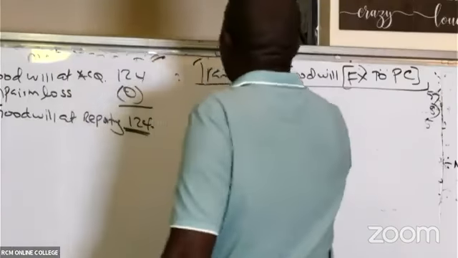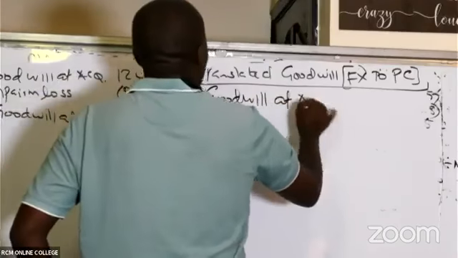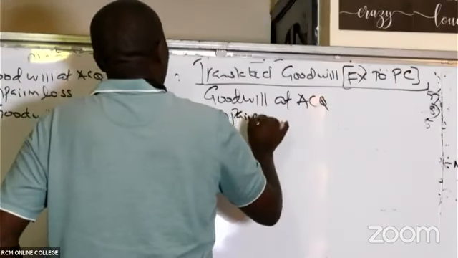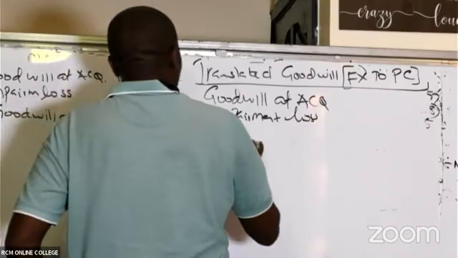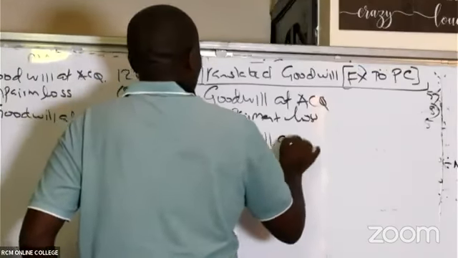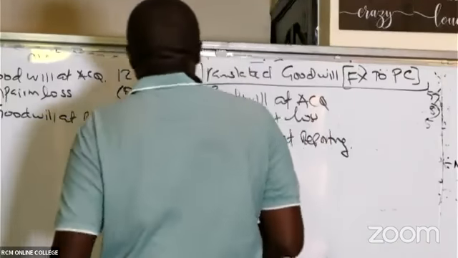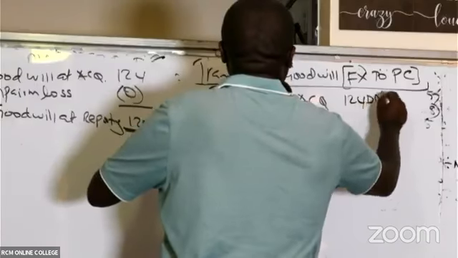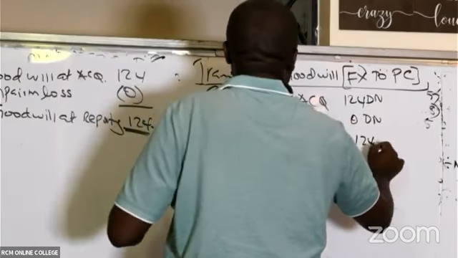So we have here goodwill at acquisition, impairment loss, and goodwill at reporting. Goodwill at acquisition is 124 dinars, here we have 0 dinars, and here we have 124 dinars.